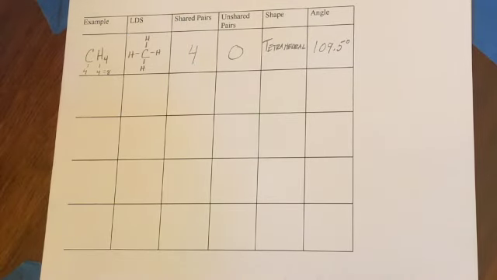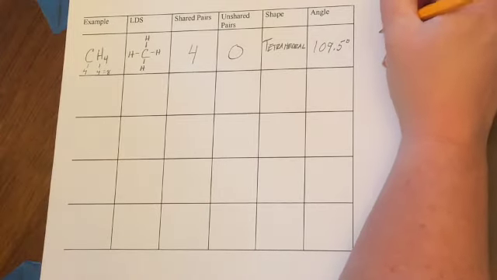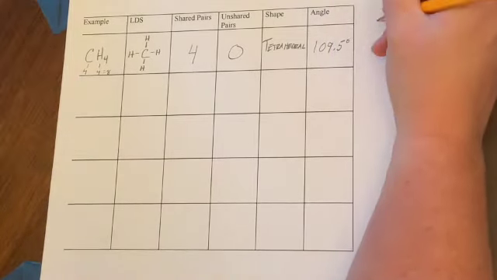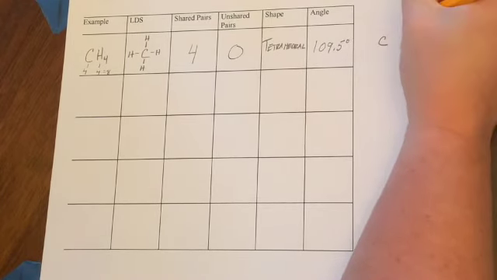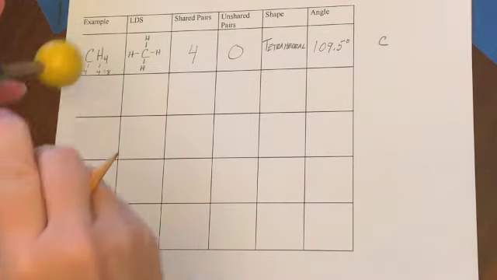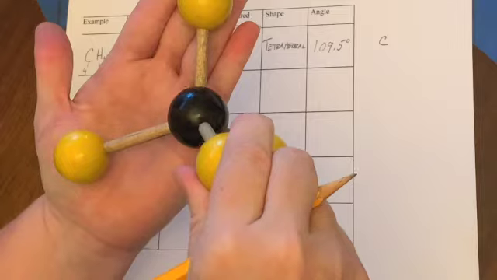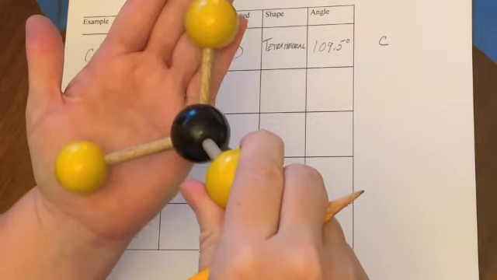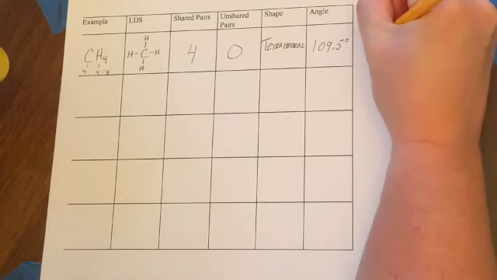Again, when I'm talking about bond angle, I'm talking about the angle between the bonds. Now, if you go on in chem, you will learn to draw these molecules to at least represent the shape a little bit on a flat surface. Here's how you would do that for methane. Again, we're not going to be asking you to do this, but just so you know. If I put this on my hand, this is a flat plane, and 2 of the bonds are on the same plane as my hand, so I just draw sticks for those.